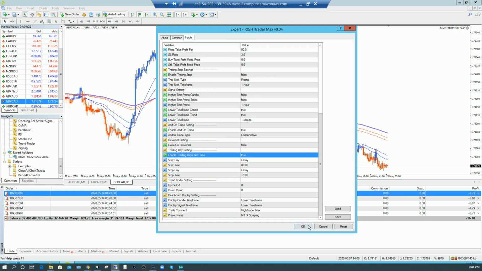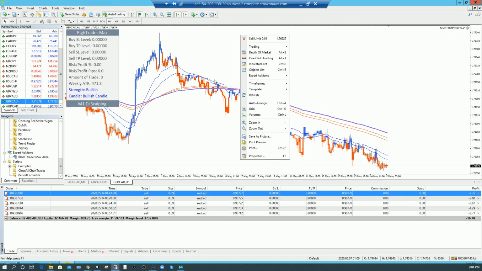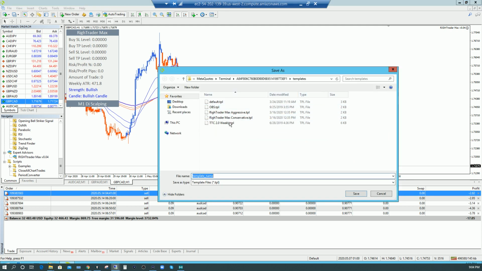All right, I'm going to go ahead and save this. And I'm actually going to save the template, so I've got this as a buying option here. So save template. Let's call this European Divergent Scalping, sorry, there we go.